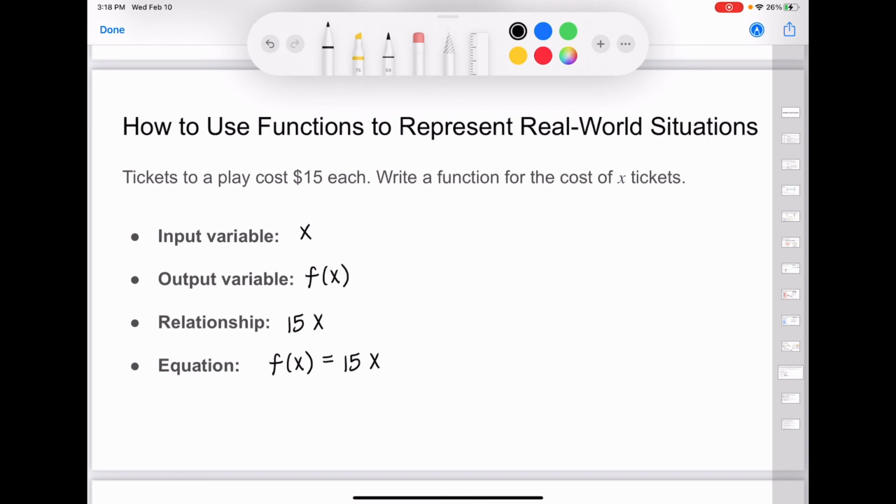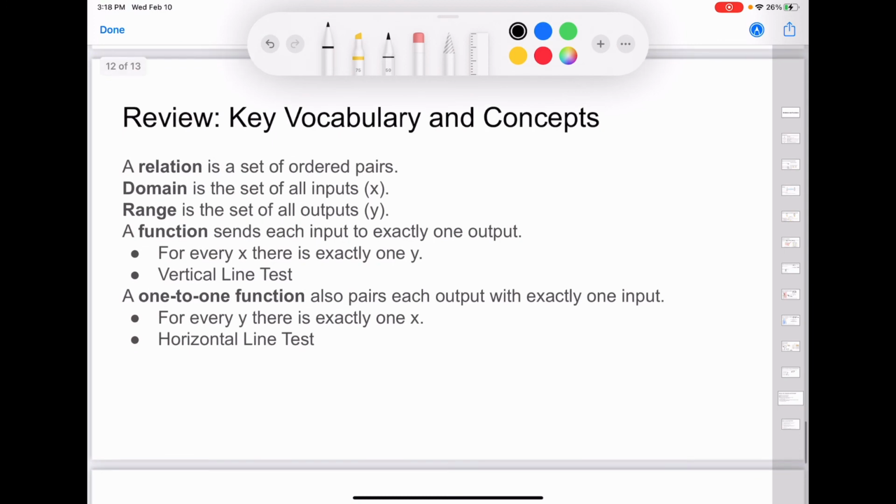For example, if I wanted to find the function of three tickets, then I would do 15 times 3, which is 45. So I know that for 3 tickets, the function of 3 is equal to $45. Okay, so that's basically the gist of what we are going over today.